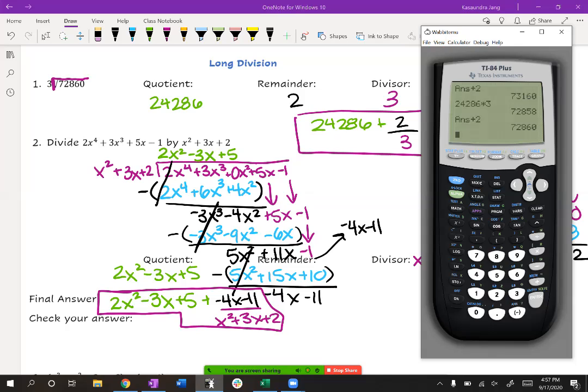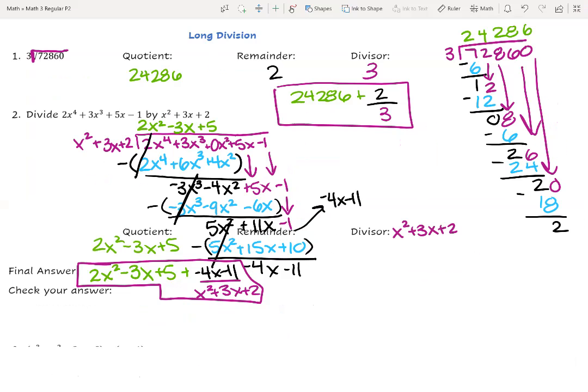All right, so the 24,286 times 3, and then I add on the remainder 2, and yeah, I got the 72,860. So yeah, you can tell we did it right. And I'm going to use that same idea, but on a polynomial. So I'm going to multiply these polynomials.